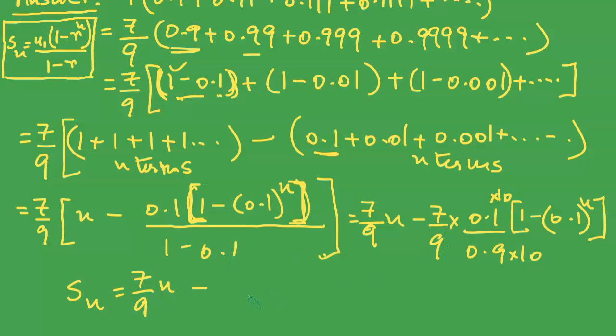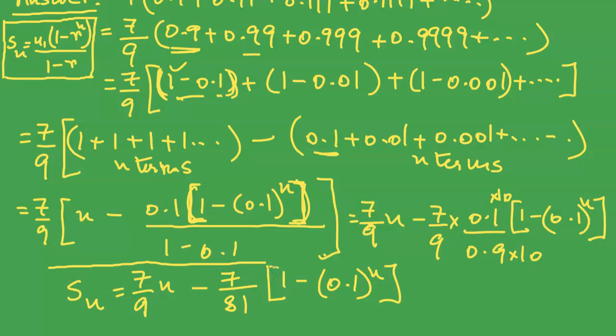So it is 7/81 and 1 minus 0.1 to the power of n. So this is our answer. This whole thing is our answer.